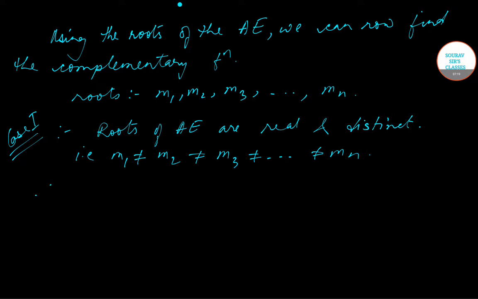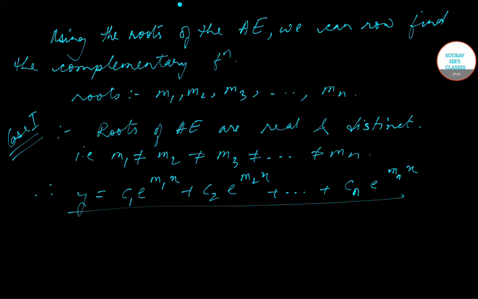So therefore the complementary function will be of the format, therefore y will be equal to c1 into e to the power m1x plus c2 into e to the power m2x, and this will go on up till cn into e to the power mnx. So this is the complementary function format in such a case.